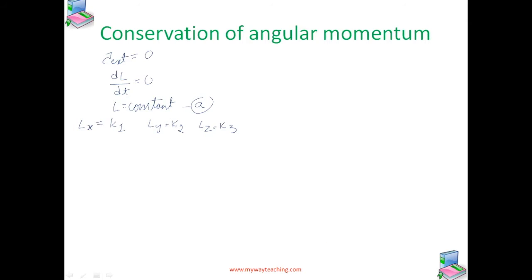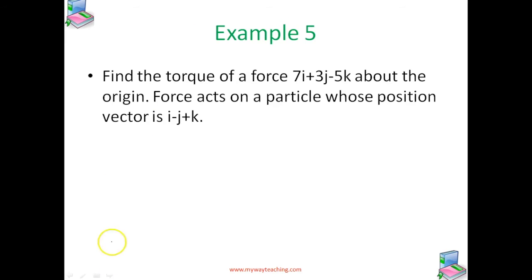This is the rotational analog of this equation. In this case, P is constant, isn't it? Now we are considering dL by dt. Okay. So now let us study a few simple problems.